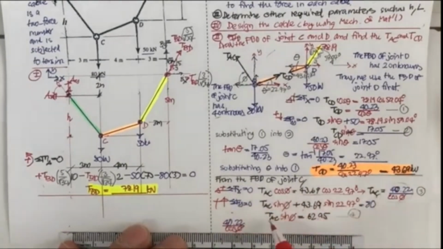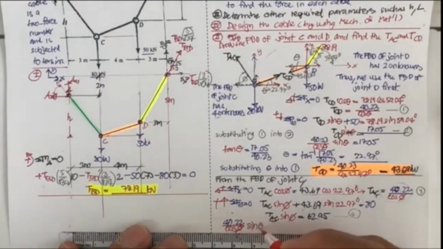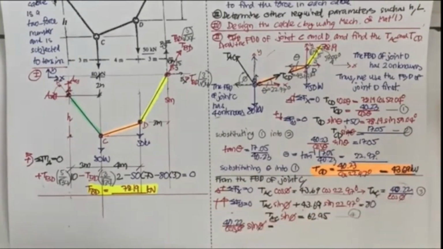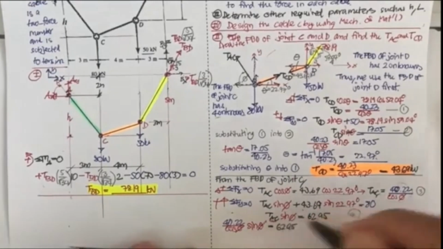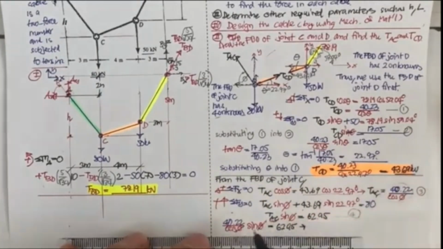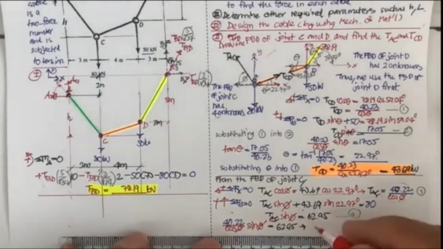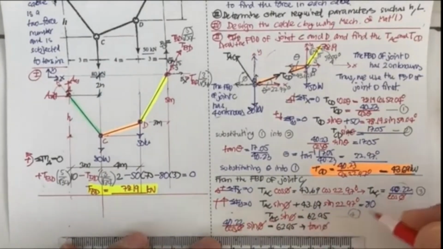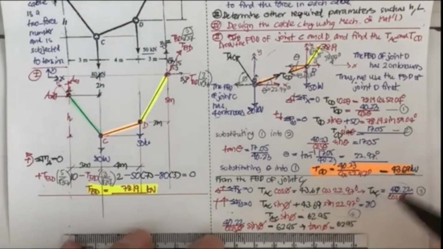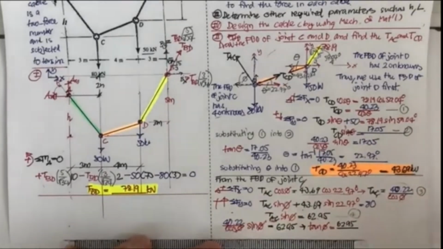This is T sub AC, and then sine phi, and then you get this equal to 62.95. And if you rearrange this one, you will get sine phi over cosine phi, that is going to be tan phi, and tan phi is equal to 62.95 divided by 40.22.